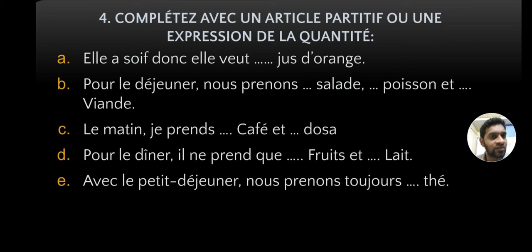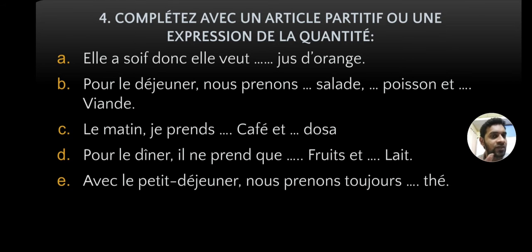Viande means meat. You can check the words. Salade doesn't end with S, it's not plural. Poisson doesn't end with S. Viande neither. So they all are singular, and none of these words start with a vowel. All start with a consonant, S, P and V, so de l' is not possible.